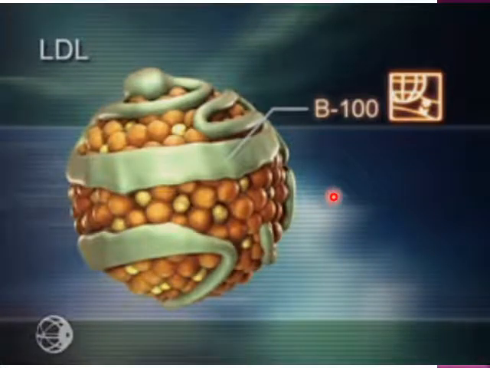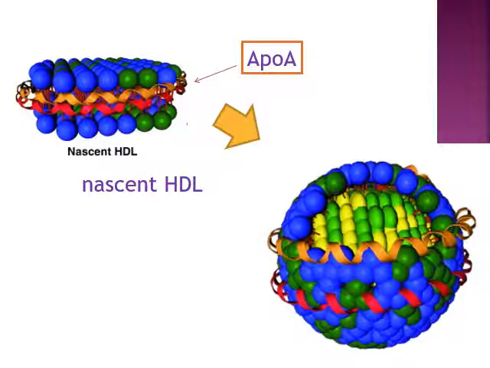And we also have LDL. It mostly contains ApoB100 as its most predominant apolipoprotein. It doesn't contain any ApoC2 and ApoE. And at last, we have the HDL, high density lipoprotein.